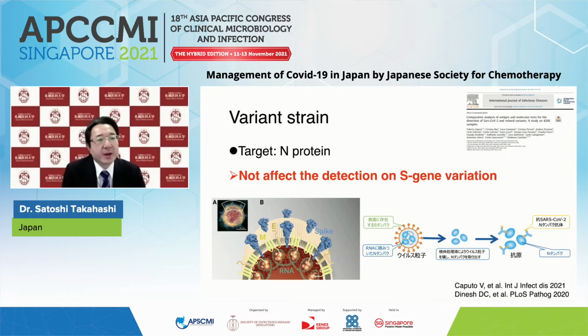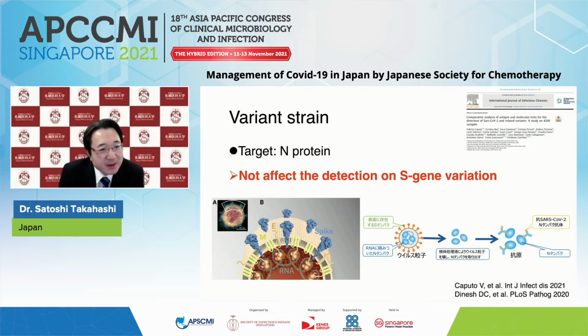So at last, I'd like to tell you about the management of variant strains. The quantitative antigen test target is the N protein, nucleoprotein, not spike protein.